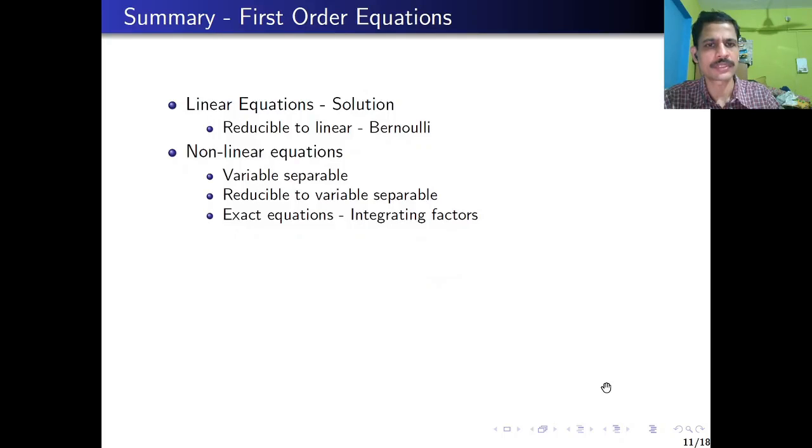Or equations which are reducible to variable separable form. For example, homogeneous ODEs are reducible to variable separable form by a certain substitution. Or other equations which can be reduced to variable separable form. Then we learned how to solve exact differential equations. Along with that, we learned that even if the differential equation is not exact, we can find an integrating factor which makes the differential equation exact.